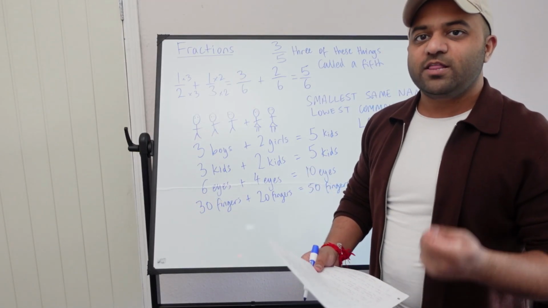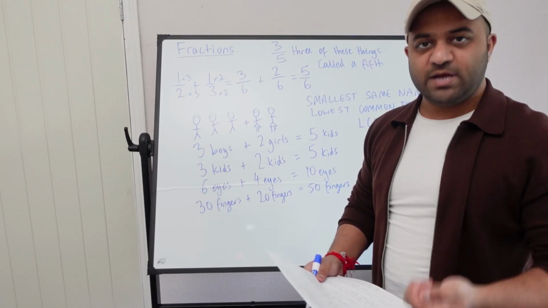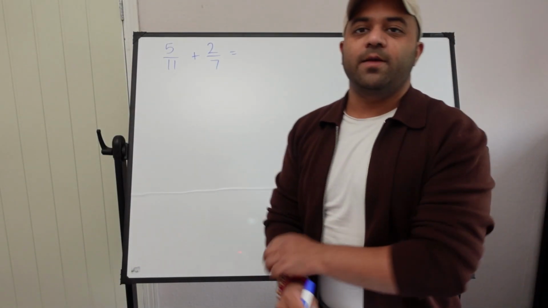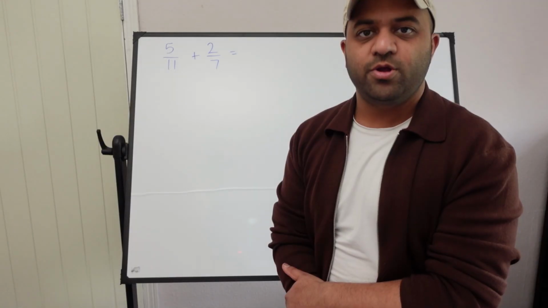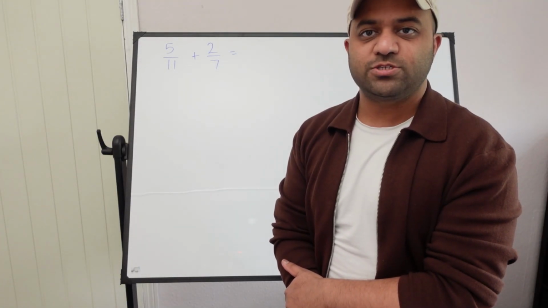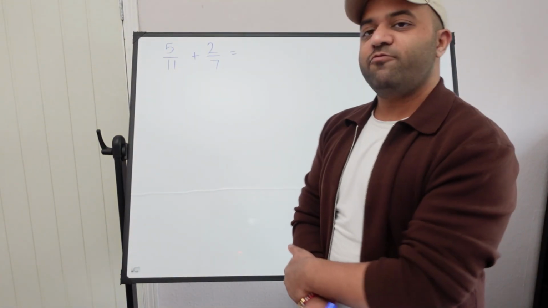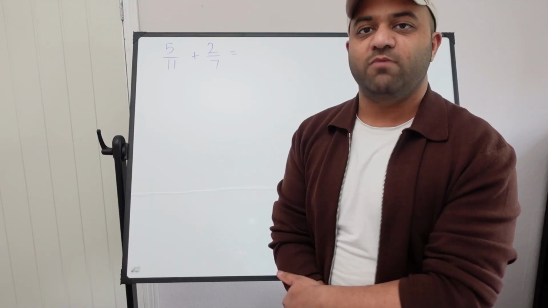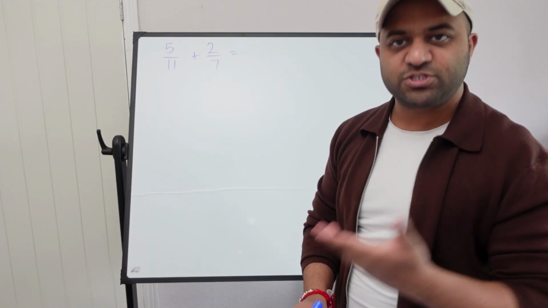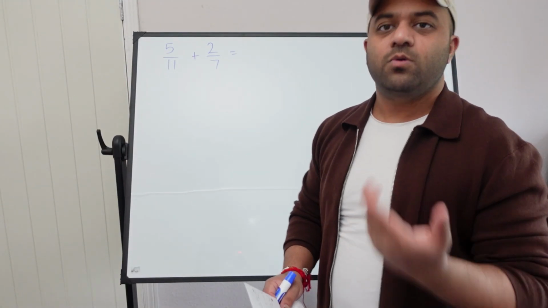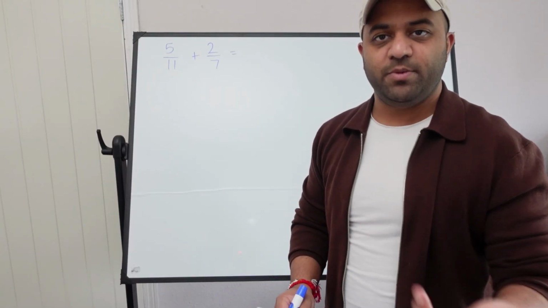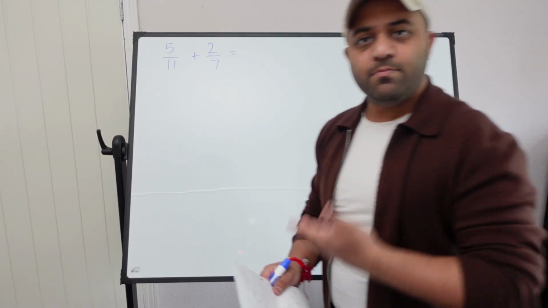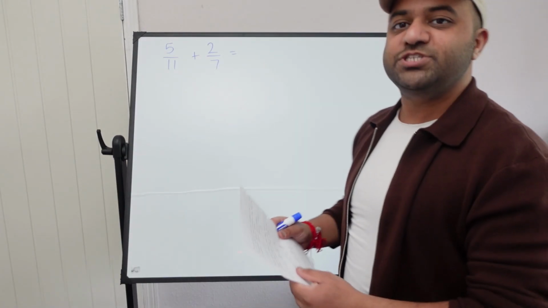So, now that we've explained it, let's try some examples. Okay, so to test if we've understood what to do when adding fractions, let's have a go at this question: 5 over 11 plus 2 over 7, or 5/11 plus 2/7. Well, we need a lowest common denominator, the LCM of 11 and 7, which is 77.